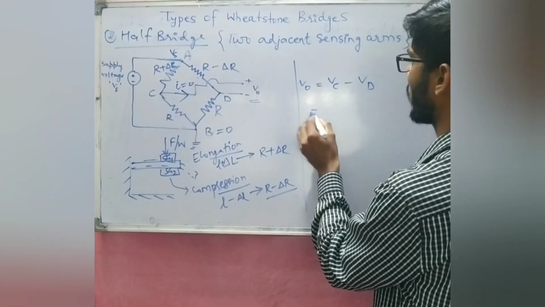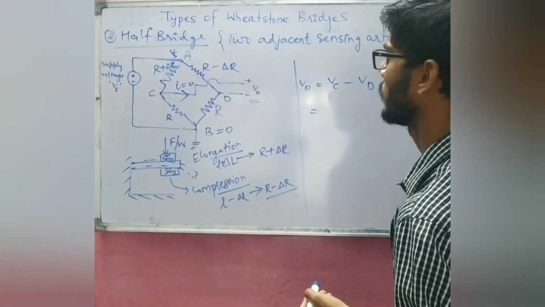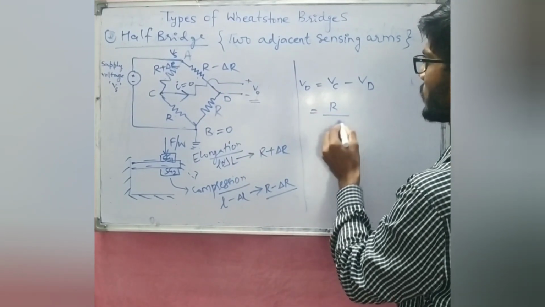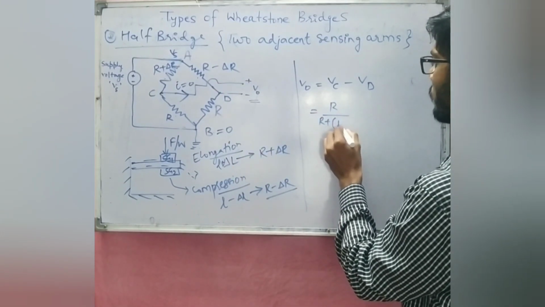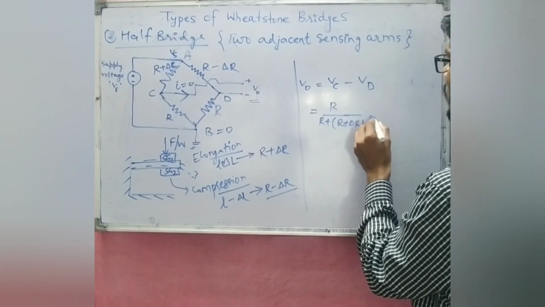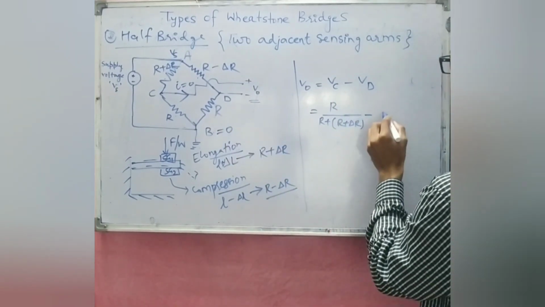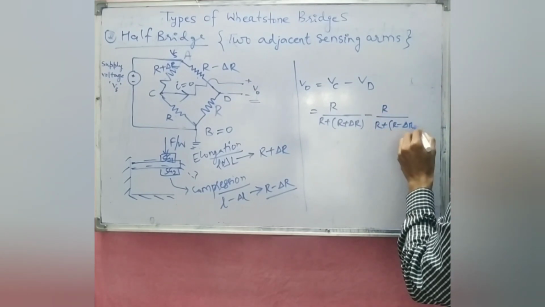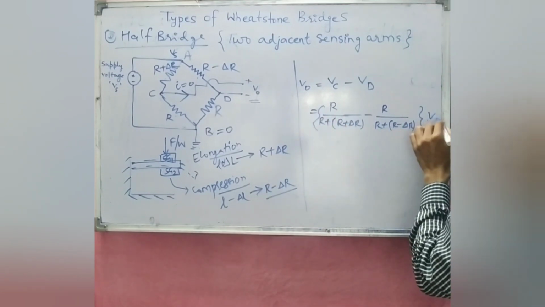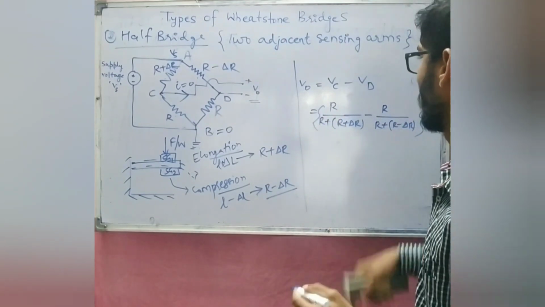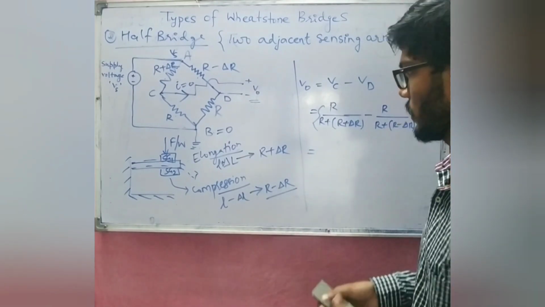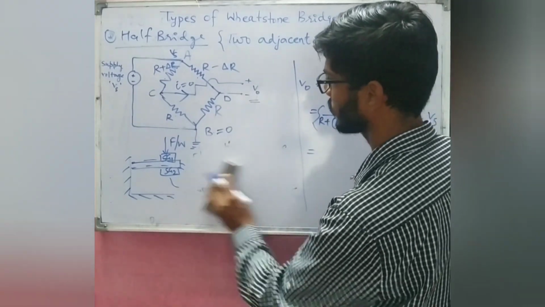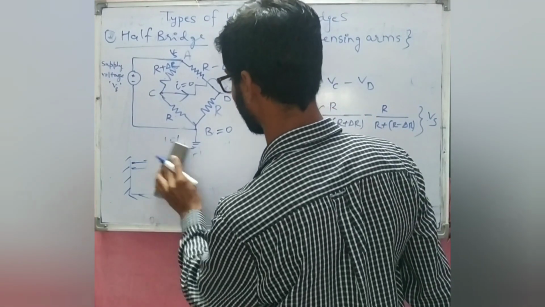So simply by applying voltage division at point C and point D, the voltage at point C is going to be R by (R plus delta R), minus the voltage division at point D, which is going to be R divided by (R plus R minus delta R), and the whole thing multiplied by Vs. And now the whole picture is over. Now you just need to simplify the expression to get the output voltage formula for the half bridge configuration.